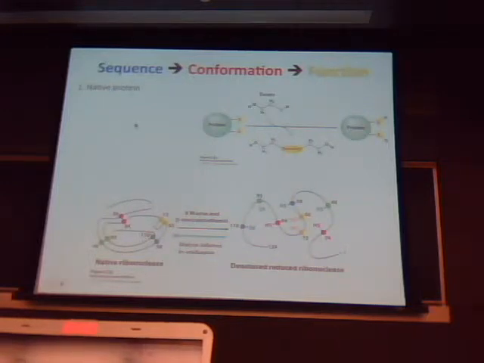This is work done by Christian Anfinsen on a protein called ribonuclease, which is an enzyme with various activities. He had a very simple experiment to test whether the sequence of the protein itself has the intrinsic ability to guide the folding of the 3D structure, where you don't need to invoke any template mechanism that we still don't know anything about.